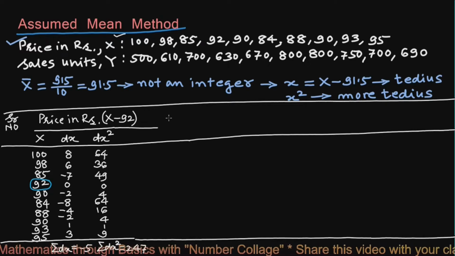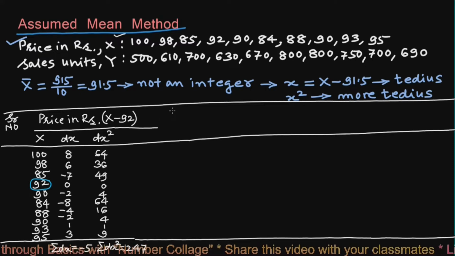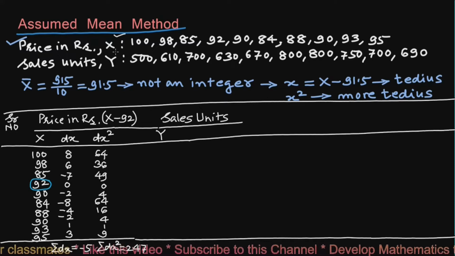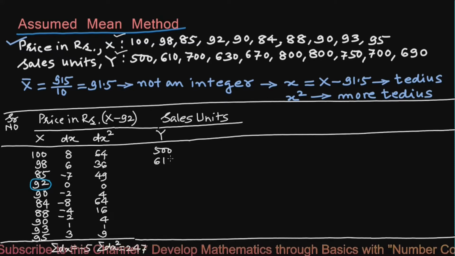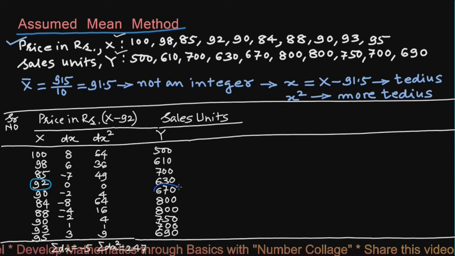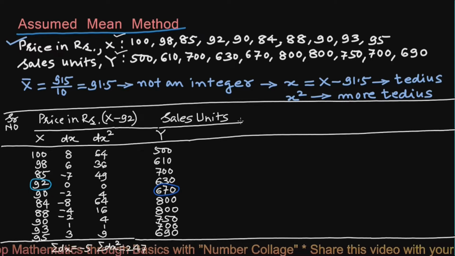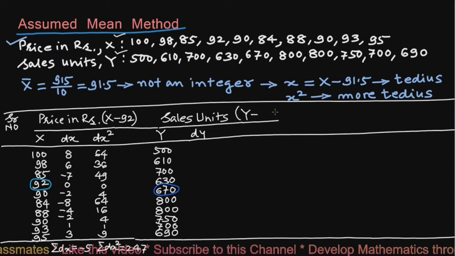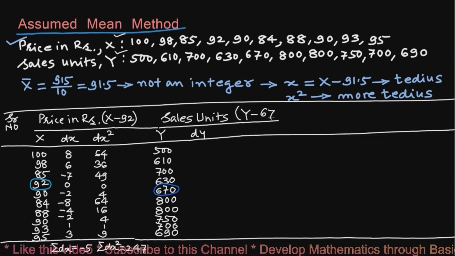Next we do similar calculations for sales units. For that, first we write values of y from here 500, 610. Here we assume 670 as the assumed mean and calculate dy by y minus the assumed mean 670.